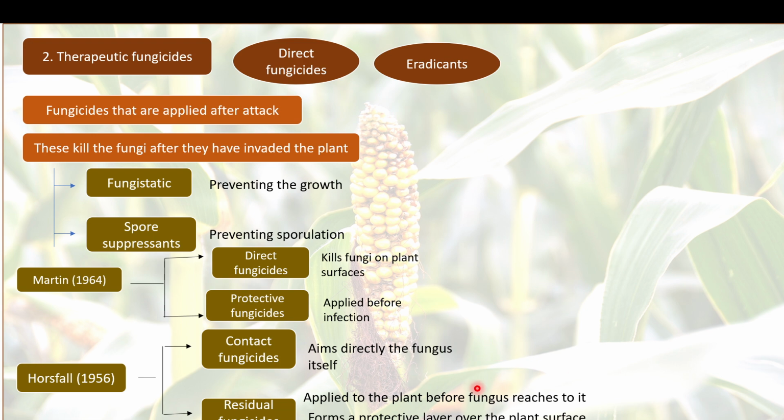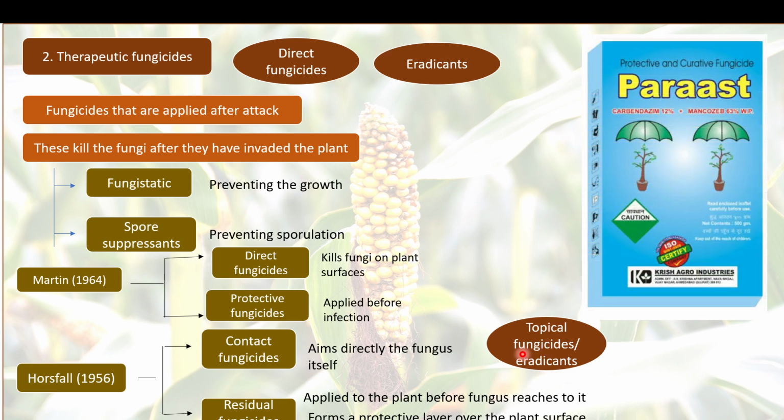So this is applied to the plant before the fungus reaches it, right? In a way you can say that residual fungicides are protectants, right? And contact fungicides, which aim directly at the fungus itself, can be called topical fungicides or eradicants. An example of a protective and curative fungicide is Parast, which has carbendazim and mancozeb.